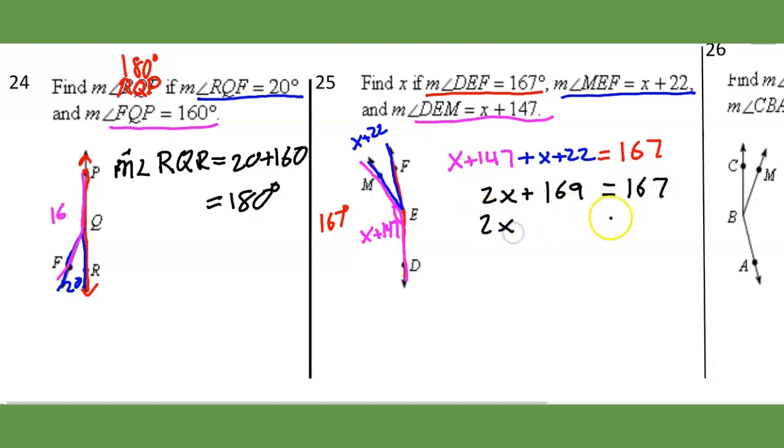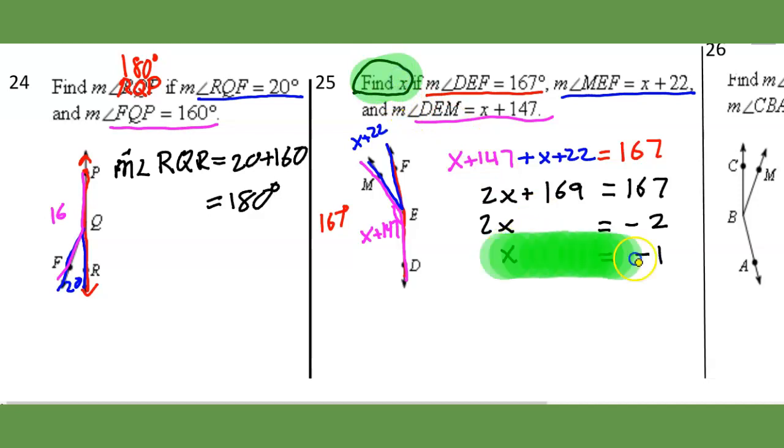Okay, we can subtract 169 on both sides. We'll get 2x equals -2. And then divide both sides by 2. x is -1. And that was the question, to find x. So I did find x, so I am finished.